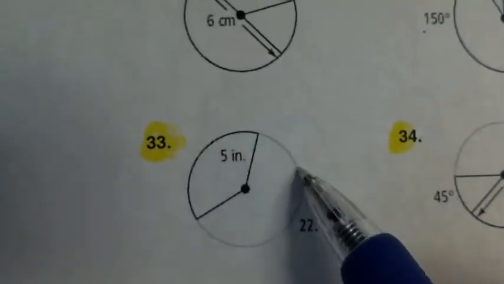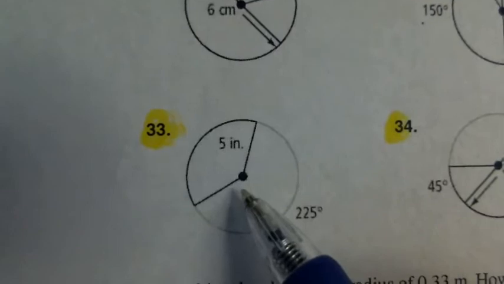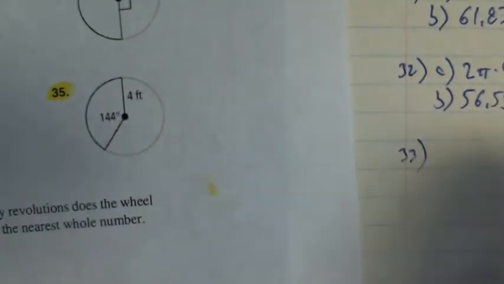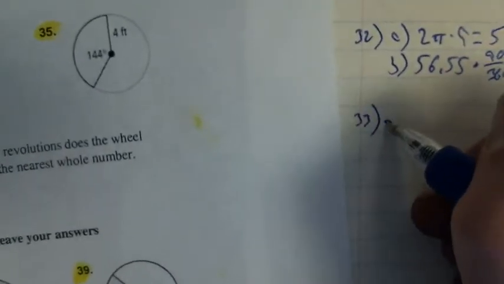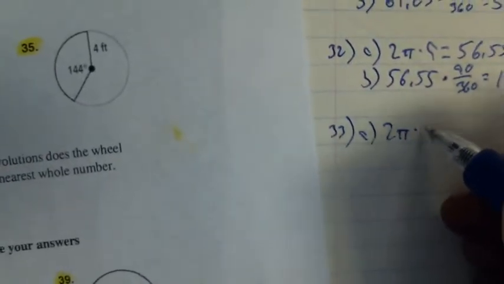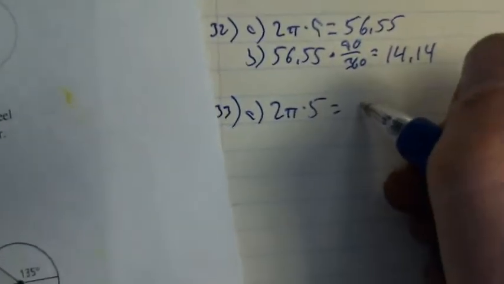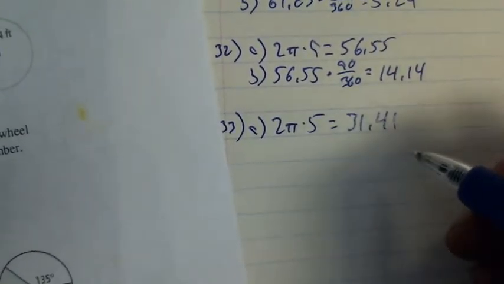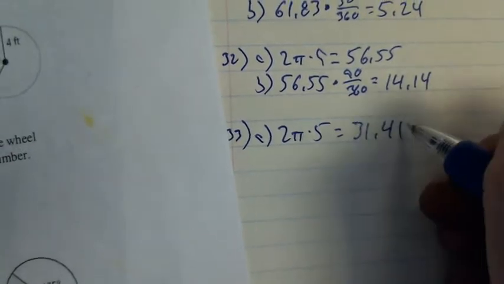Number 33. 225 degrees out of a 5-inch circle. 2 pi times 5 is going to be 31.42.